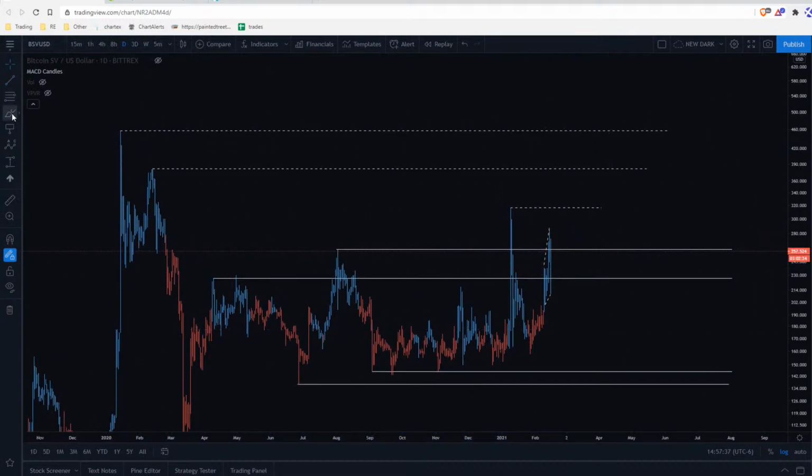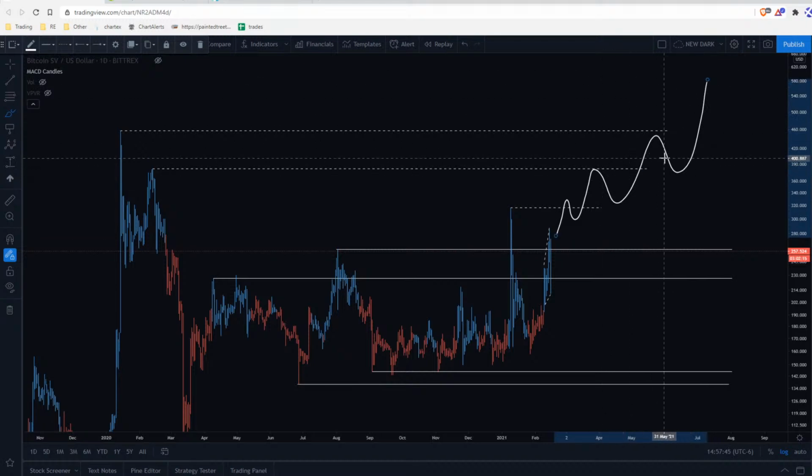But each one could give you a pullback first. Probably not that one too much. So you can take some profits at each one and then get back in. And that puts you in a better position for any potential larger dips.